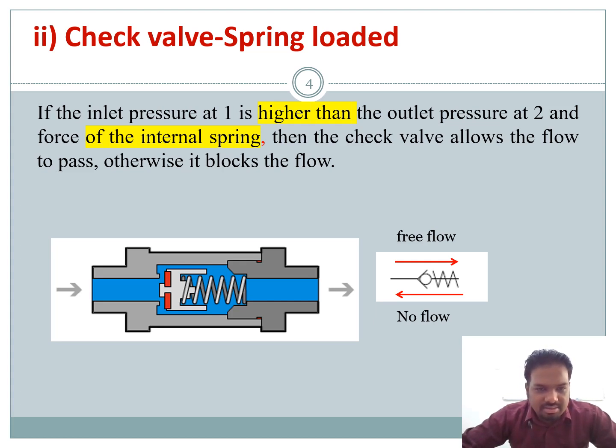So it is practically similar to a check valve, but just one end is spring loaded. That's the second type of non-return valve.